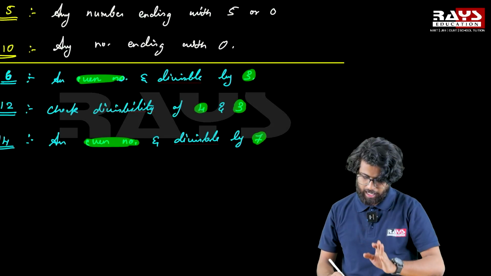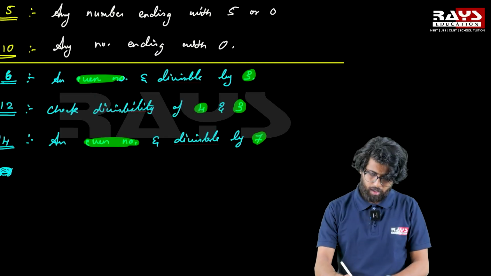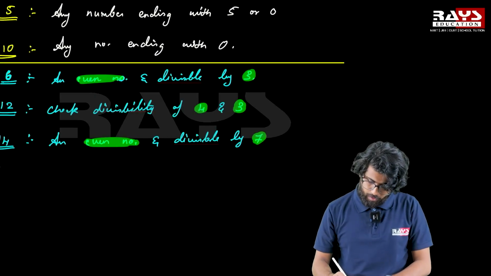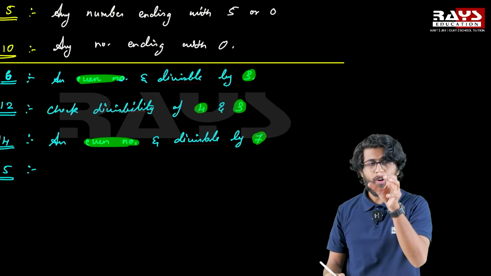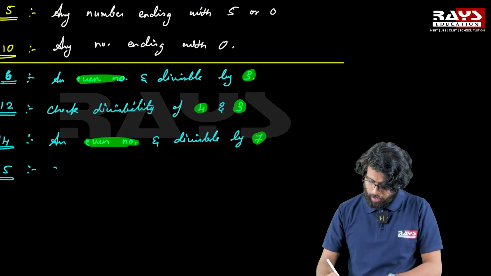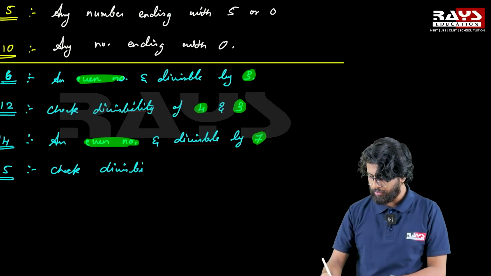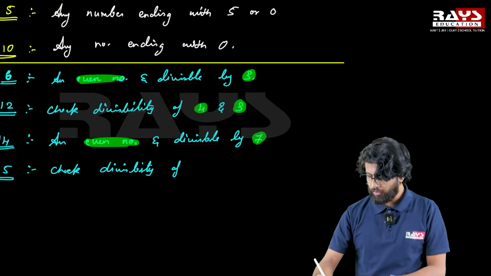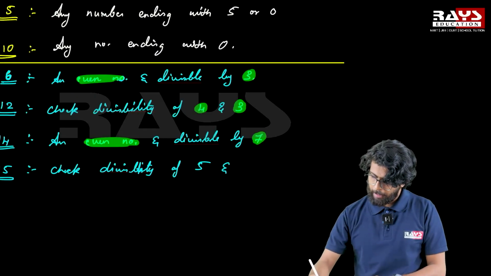Moving next, let's discuss 16. 16 we already discussed, right? Let's discuss 18. Or let's discuss 15. 15 is very similar. Here we have to check the divisibility of 5 and 3.